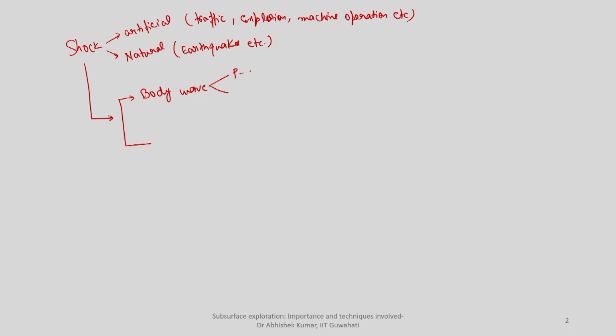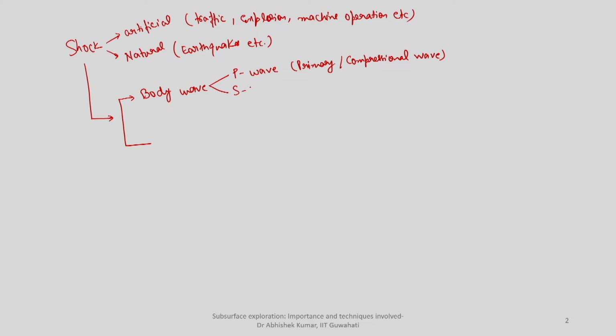Body waves can be further divided into the P wave, that is the primary wave or compressional wave. It is called primary because it is the first wave to arrive at a recording station after any kind of shock, and it is called a compression or longitudinal wave because it causes compression or rarefaction along the direction of wave propagation.